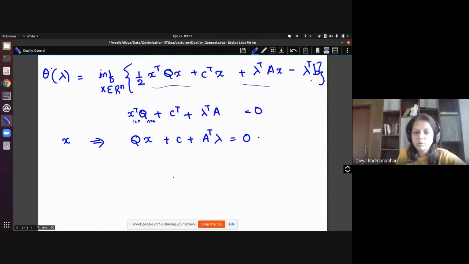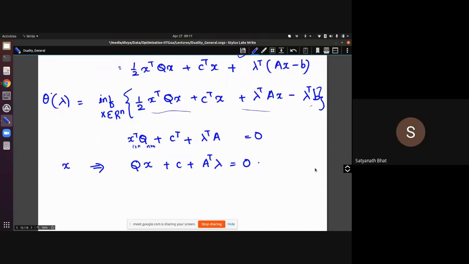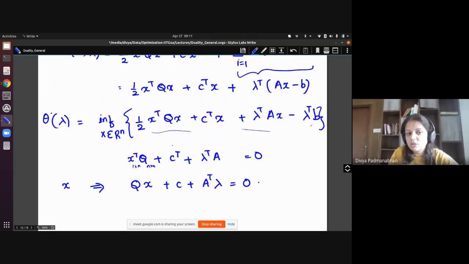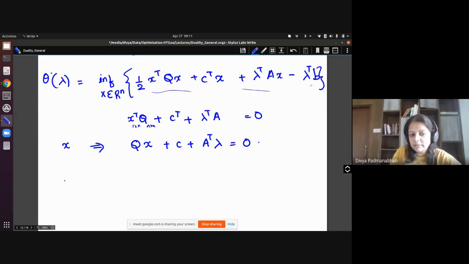Okay, so now why are we not taking the derivative with respect to lambda? In terms of the dual function here, this is a function of lambda itself, the overall dual function. The derivative here is only for the inf with respect to X. And finally, what you're going to do is maximize theta of lambda with respect to lambda.